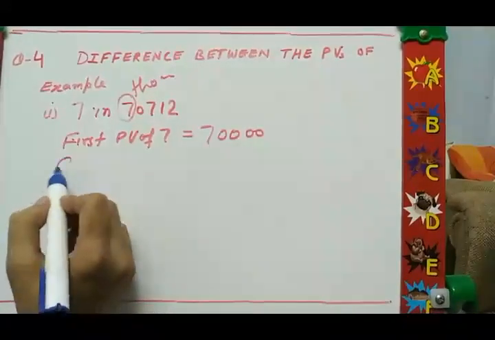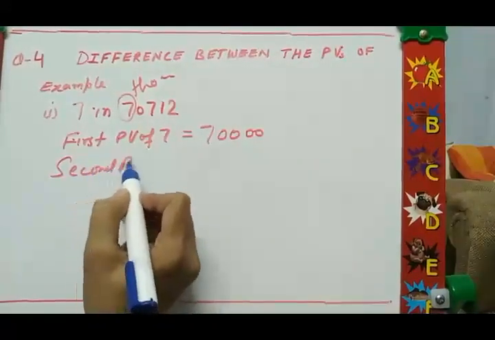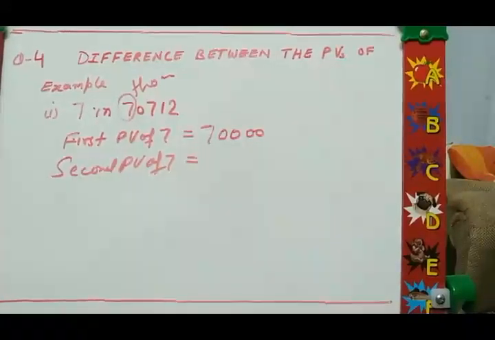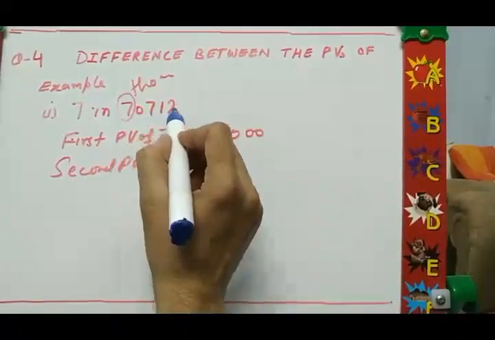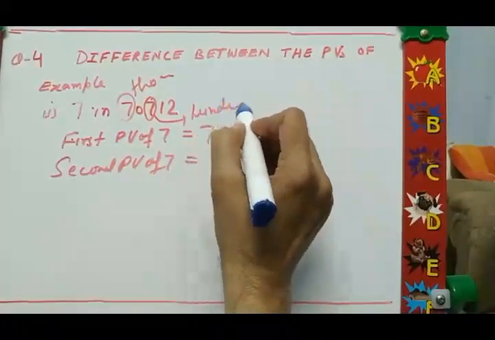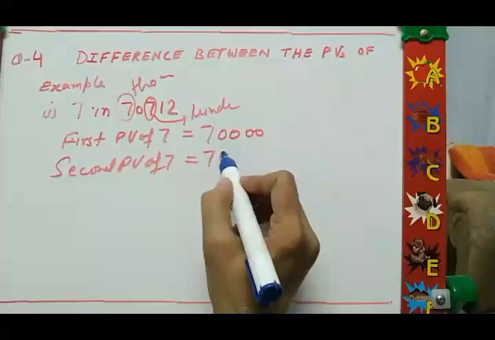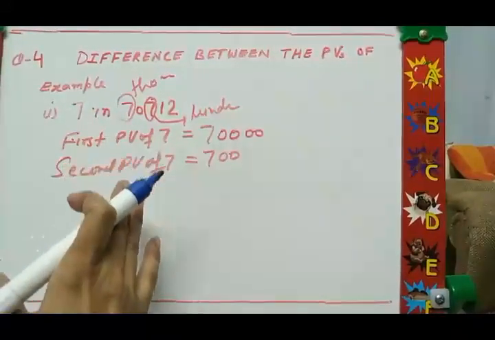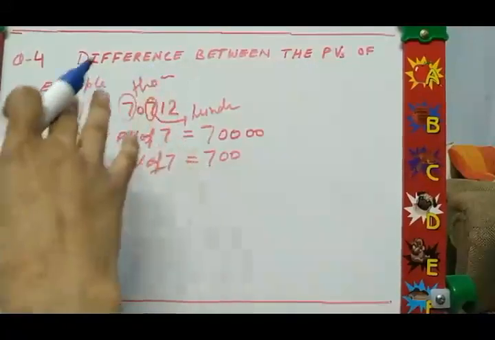Now the second place value of 7 equal to, now read again carefully, 70,712. 712, it is 100, so here we write 700. Now these are the 2 place values of 7 in 70,712.